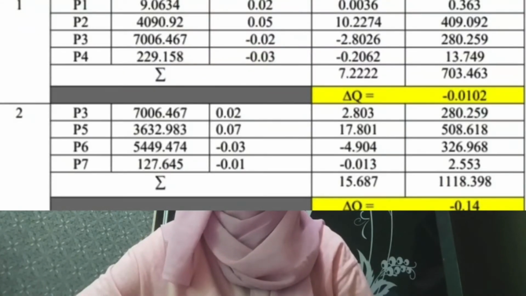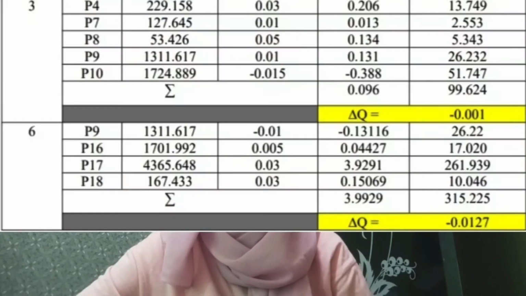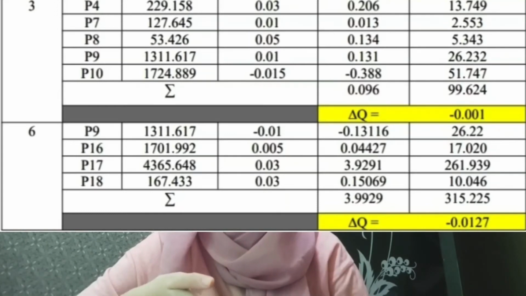For the first loop we got negative 0.0102. For the second loop, we got negative 0.14, for the third loop, negative 0.001, and for the sixth loop, negative 0.0127. Since we still did not reach 0.000 something for at least 2 loops, we continue to the third trial.